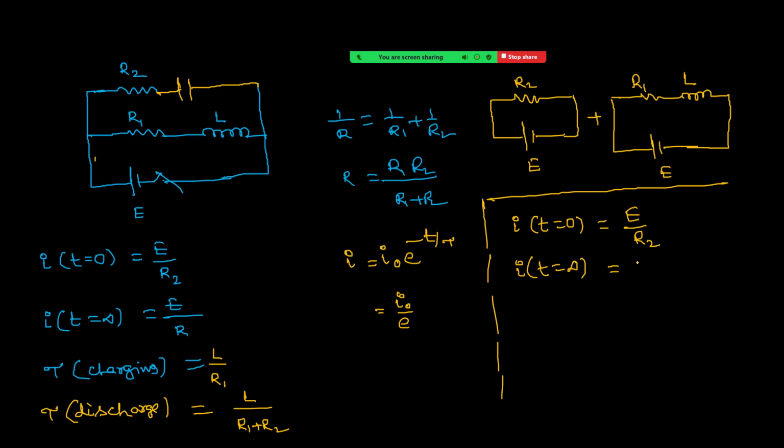That means after a long time, the current becomes E by R1. But see here what we got earlier: after a long time, E by R, where R is R1 R2 by R1 plus R2. So like this, we can expect questions based on RC and RL combined in one single circuit. I hope you got clarity.